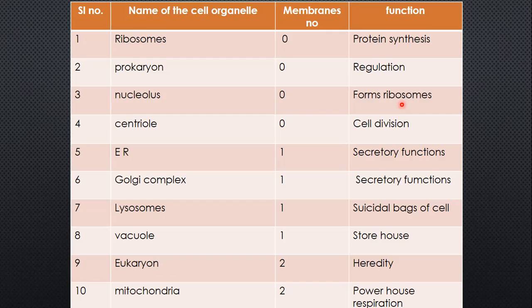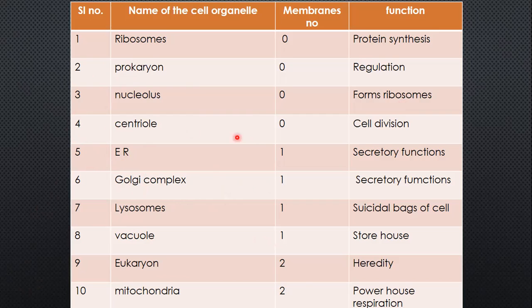So here is an interesting phenomenon: membraneless cell organelles are present in prokaryotic cells, in eukaryotic cells, and in some cell organelles of eukaryotic cells also. But when you come to the endoplasmic reticulum, Golgi complex, lysosomes, and vacuole, these four different cell organelles show a single membrane.